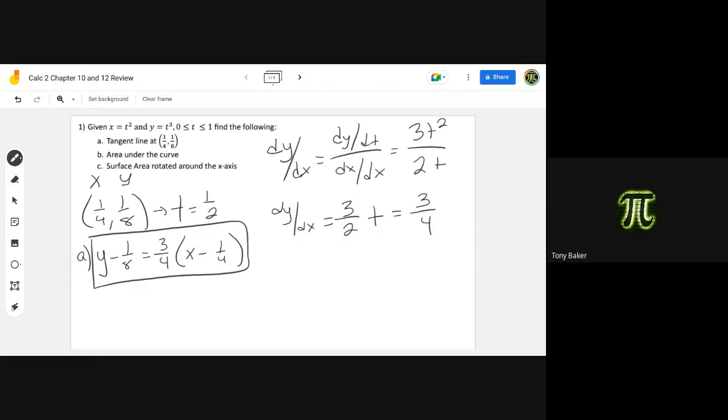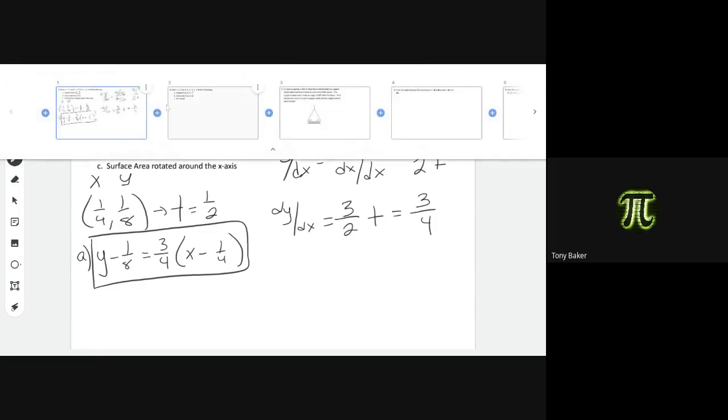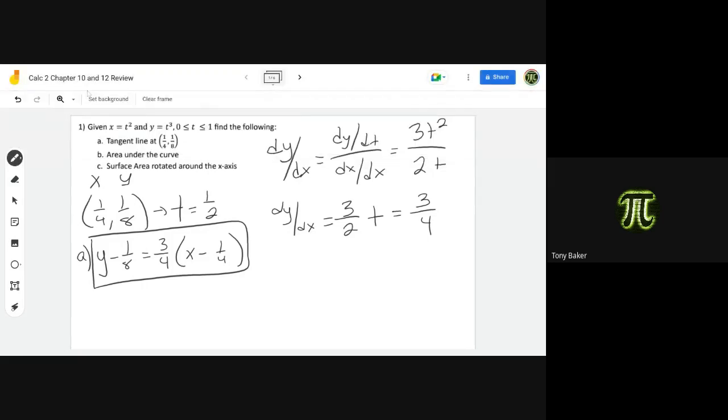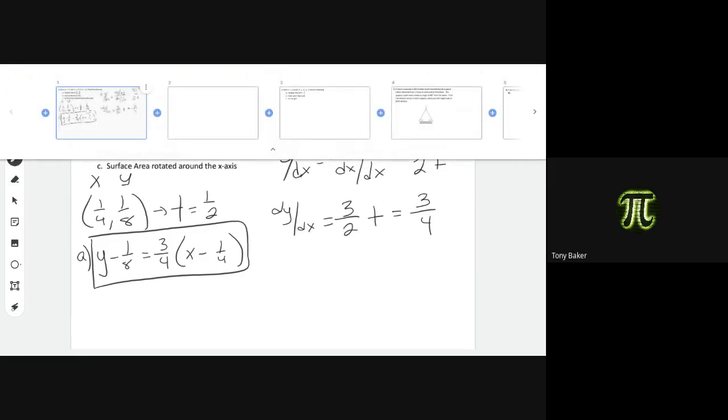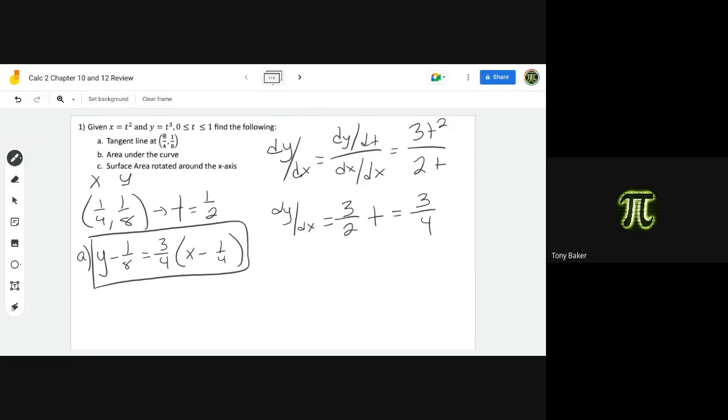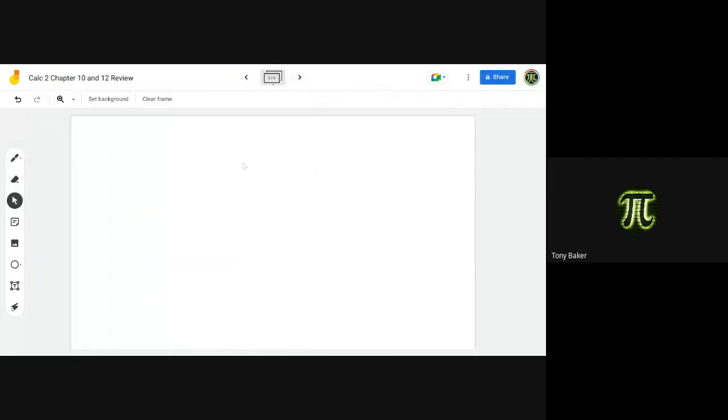All right. So that's my tangent. Next thing we have to find is my area under the curve. If I can actually get this to work. There we go. That's what I want.